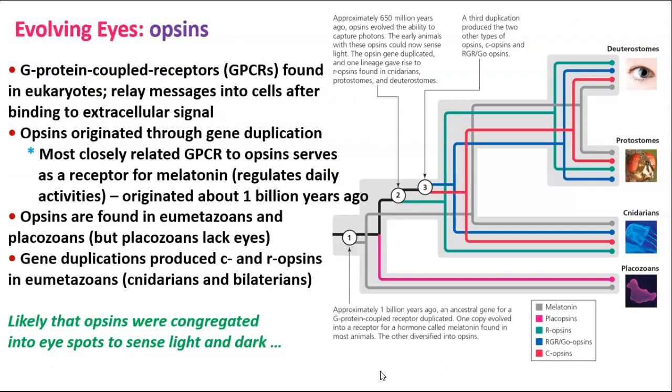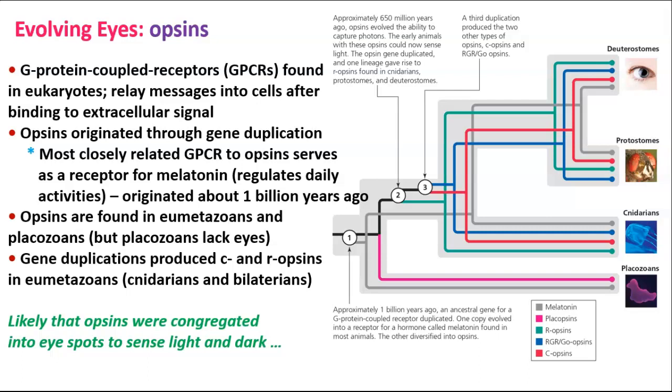So it turns out, as you'll see here, that opsins have their origins in G protein coupled receptors that are found in eukaryotes, so GPCRs for short. And G protein coupled receptors relay messages into cells, at least in animals, after binding to the extracellular matrix.